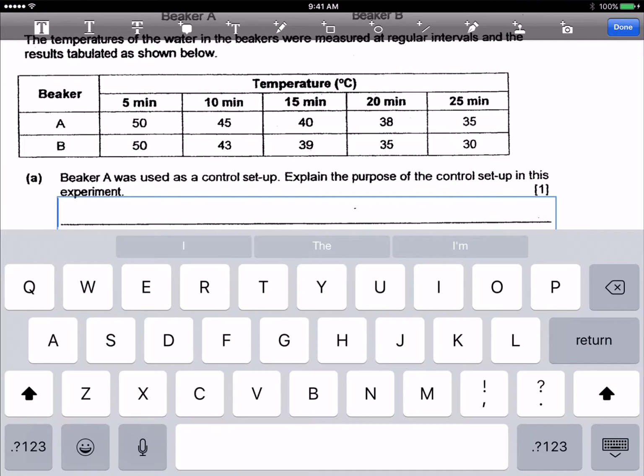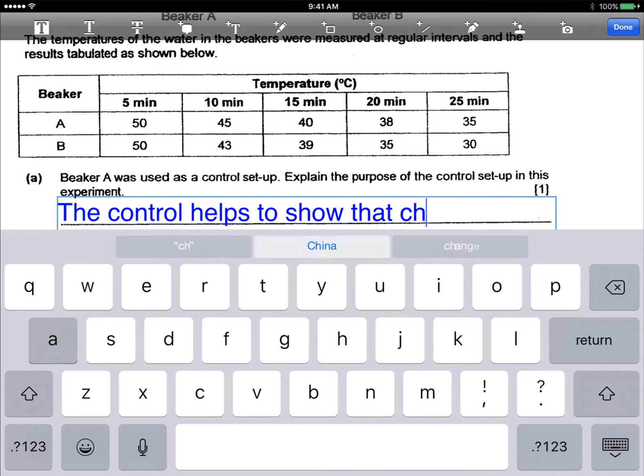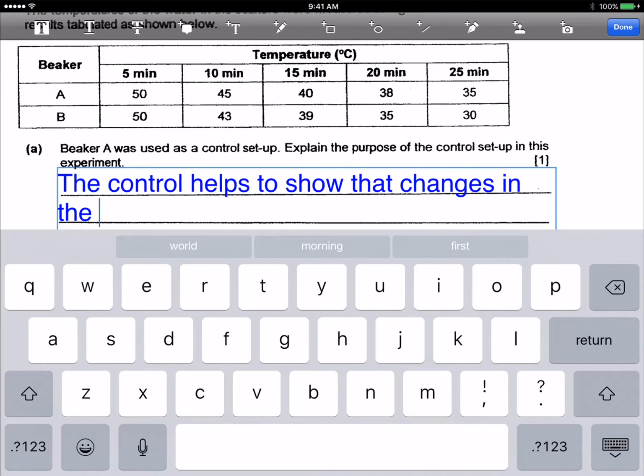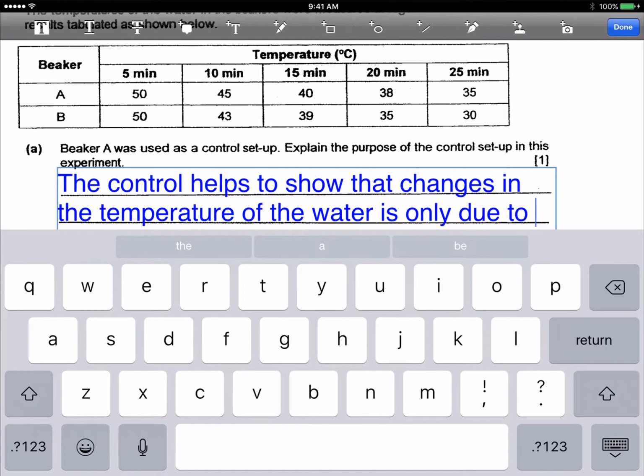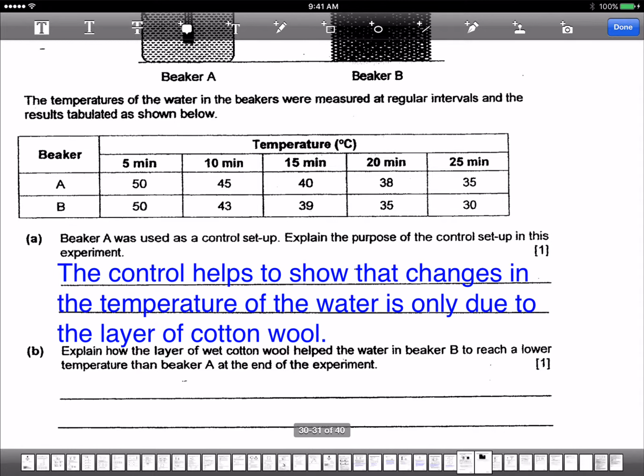Okay, so what is the purpose of the control setup? The control setup helps to show that changes in the temperature of the water is only due to the layer of cotton wool.